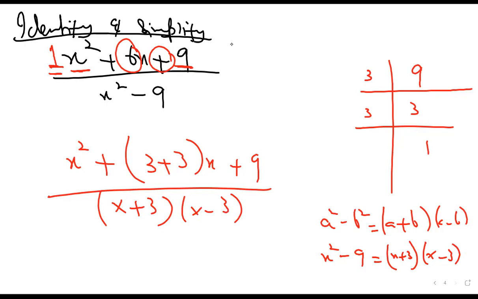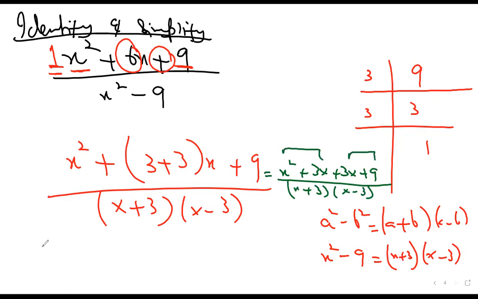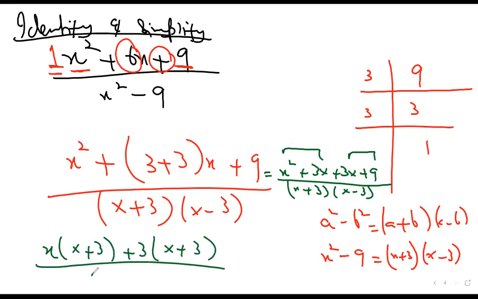We are applying the techniques on it. Like it will become x^2 + 3x + 3x + 9. And (x + 3) and (x - 3) are already written. Now we will take the common between these two. x is common, x + 3 is common. Now (x + 3) into (x - 3).